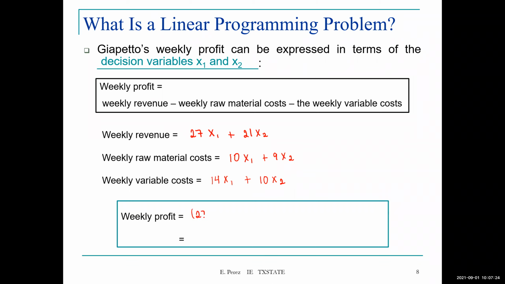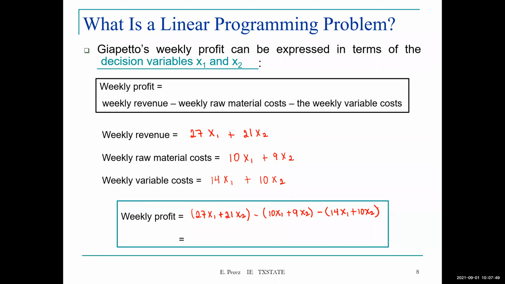So you have 27x1 plus 21x2 minus 10x1 plus 9x2 minus 14x1 plus 10x2.